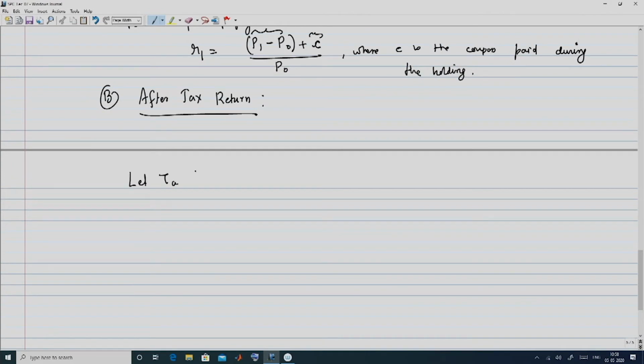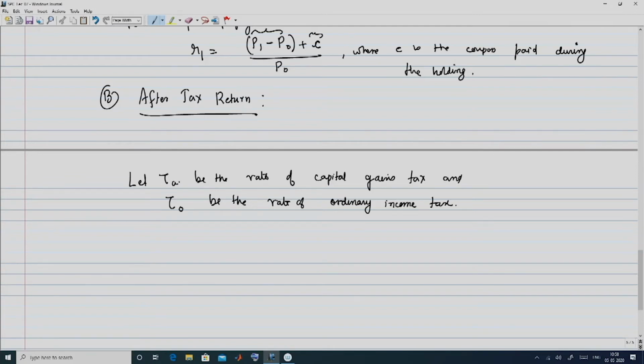Let tau G be the rate of capital gains tax and tau O be the rate of ordinary income tax.